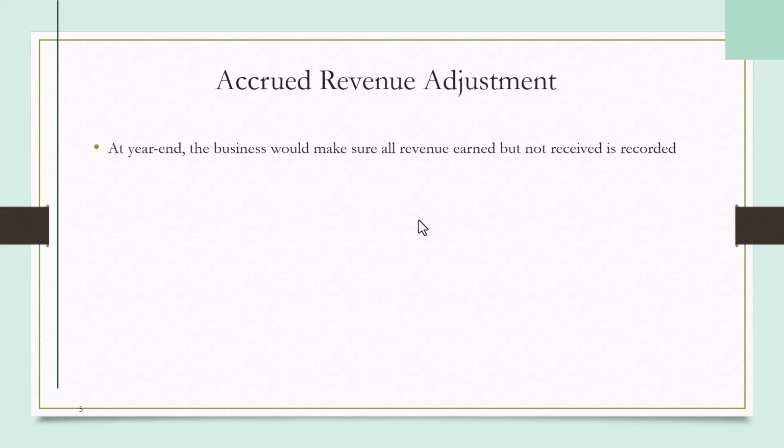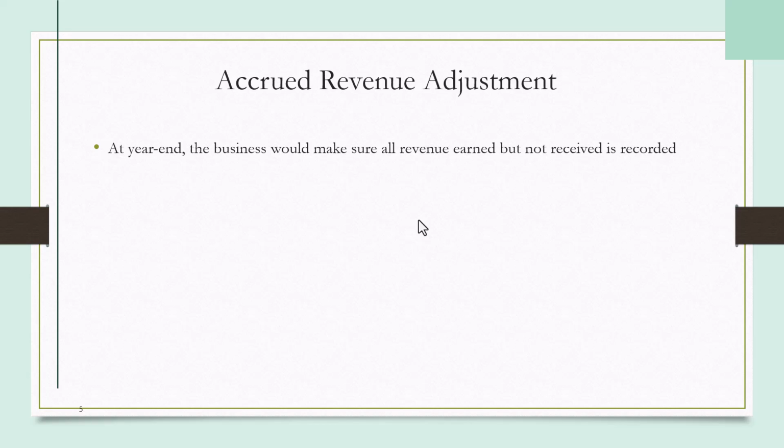Basically, what would happen is at year end, the business would make sure all the revenue that they've earned has been recorded, even if they haven't received the cash yet. Now, this could be jobs they've completed, and for whatever reason, they haven't received payment yet. They would want to make sure those revenues are recorded. Or it could be some sort of job or service that they've completed part of, but not the entire thing.